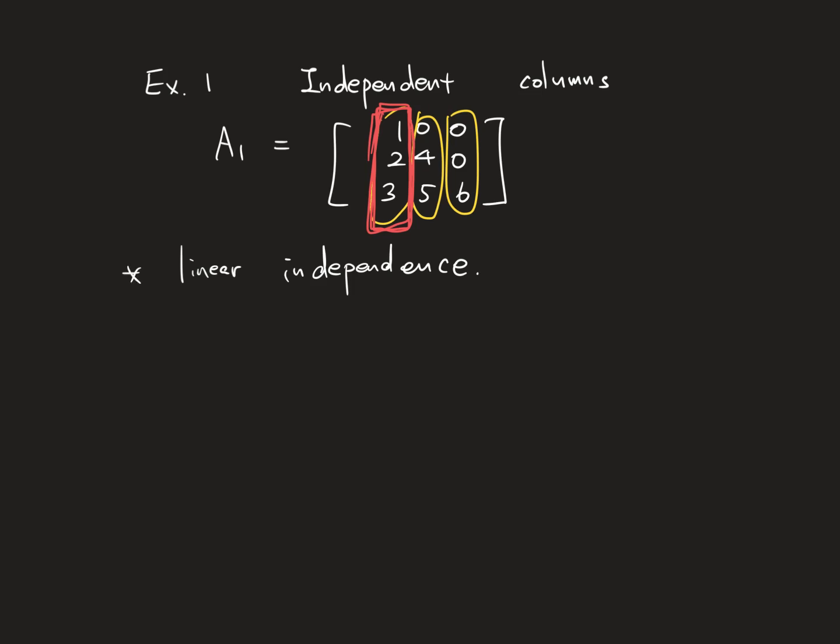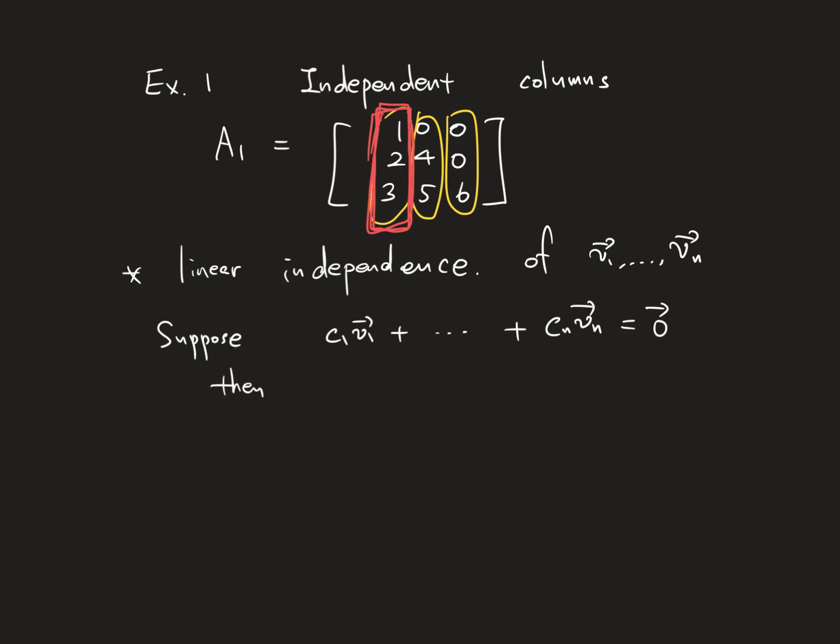The definition: for vectors v1 and so on, vn, suppose c1 v1 and so on, cn vn is a 0 vector.